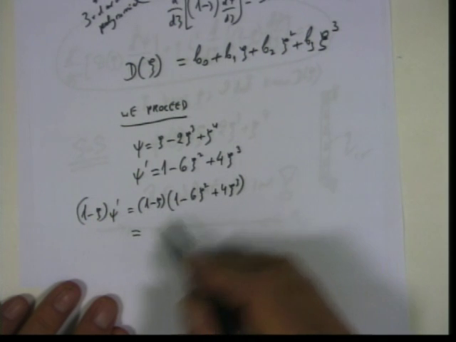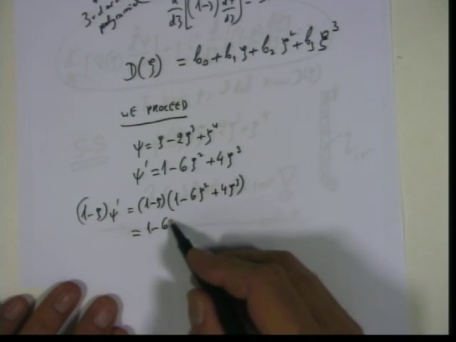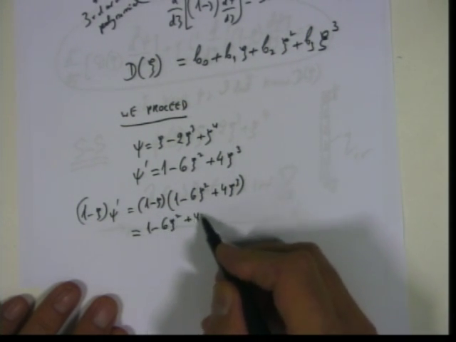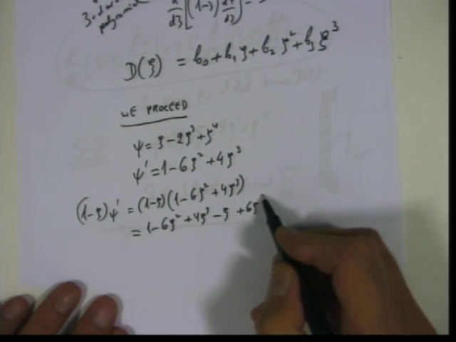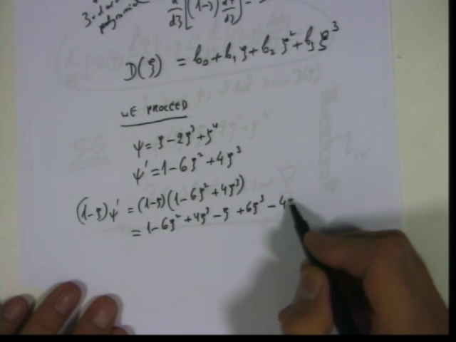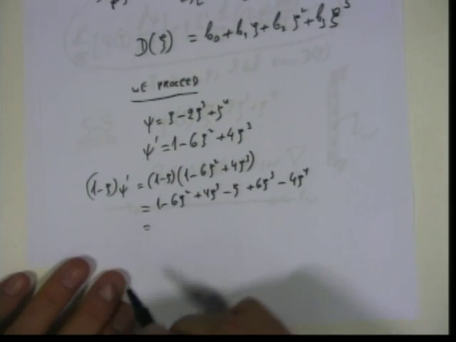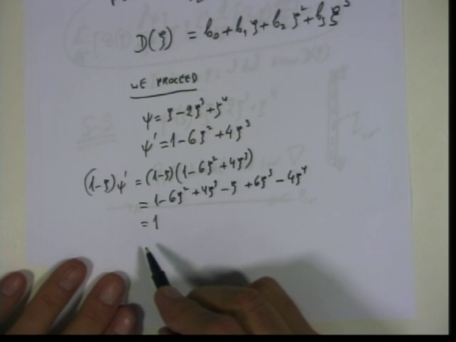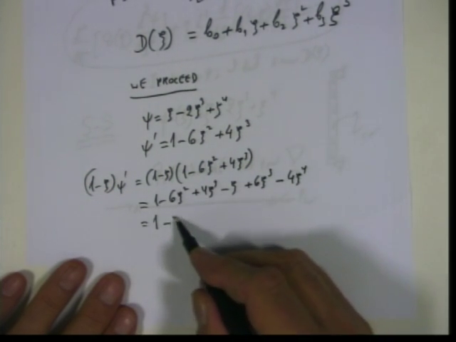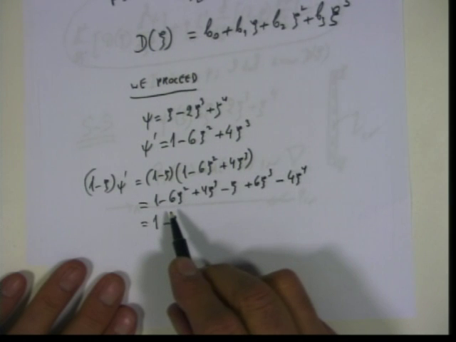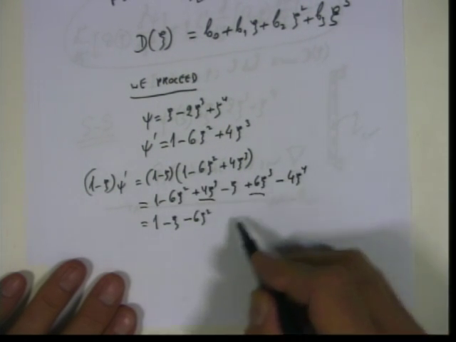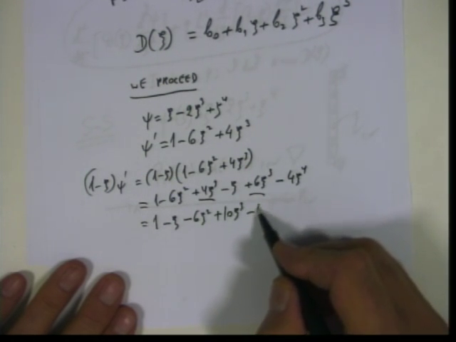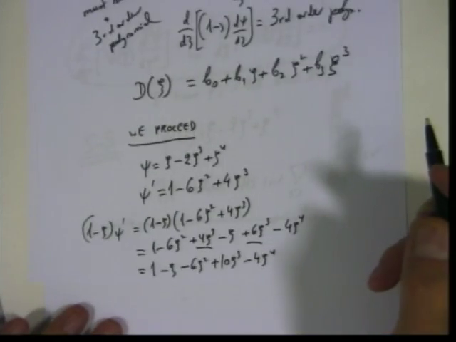First I multiply by 1: 1 minus 6 psi squared plus 4 psi cubed, minus psi plus 6 psi cubed, minus 4 psi in fourth power. So that will be 1, then psi minus psi, then minus 6 psi squared, and this will be plus 10 psi cubed minus 4 psi in fourth power.